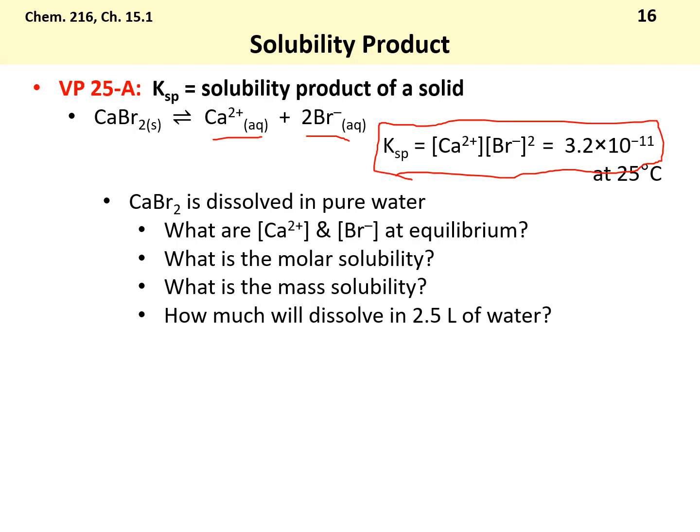So I'm going to ask, if I dissolve CaBr2 in water, what are the concentrations of my calcium and bromide going to be? What's the molar solubility? What's the mass solubility? And then how much can I dissolve in 2.5 liters of water? How many grams can I do? All right, so I'll leave that to you guys.